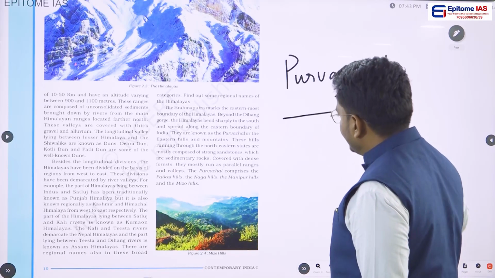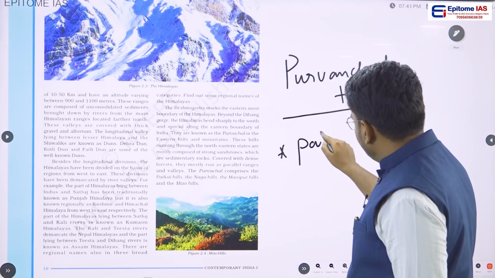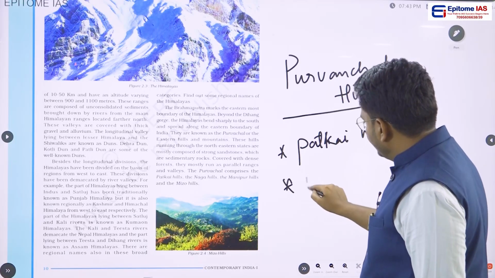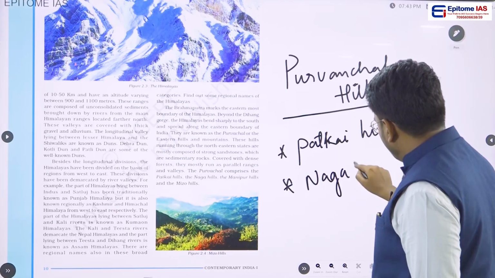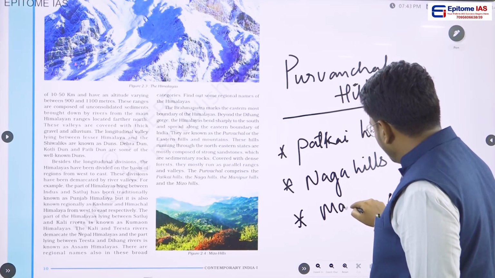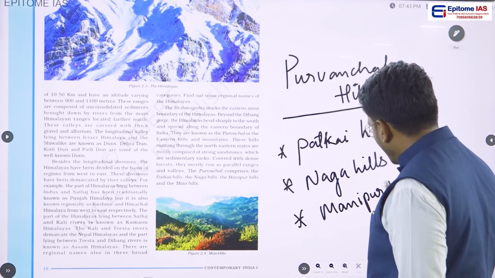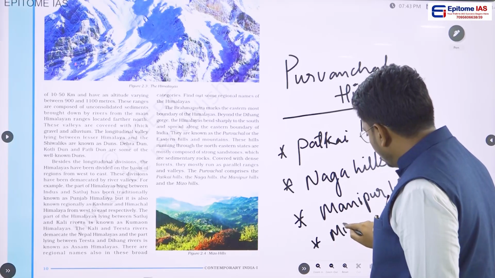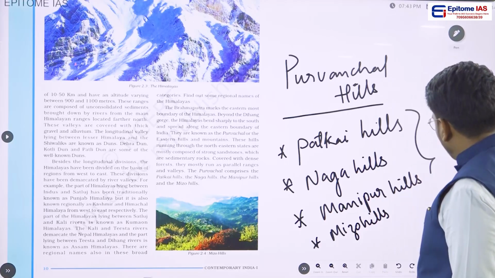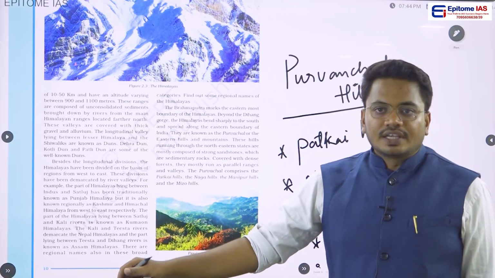Again, in these Purvanchal hills you can see the Patkai hills, Naga hills, Manipur hills and Mizo hills. These are the ranges of the Purvanchal Himalayas, right.